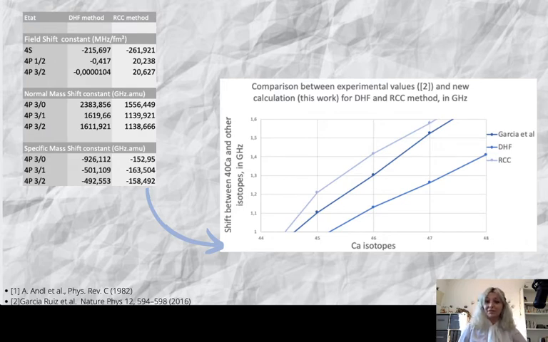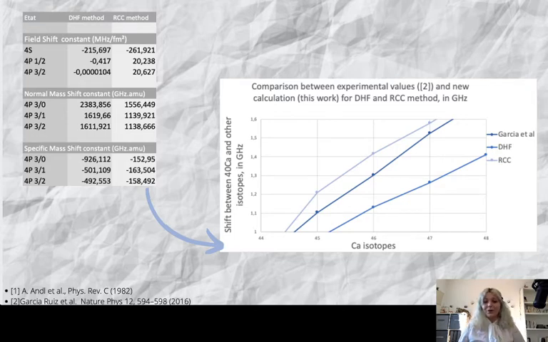What we can see from this graph is that, first of all, the DHF method doesn't give really successful results. They're quite far from the experimental ones, so from now on, we'll only focus on the RCC method to make our new calculations.